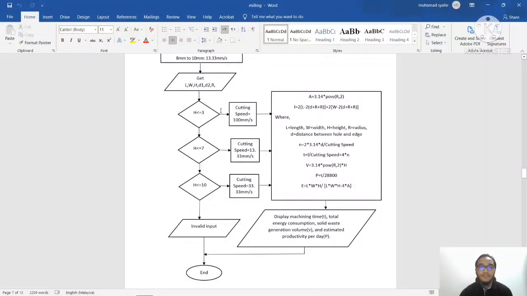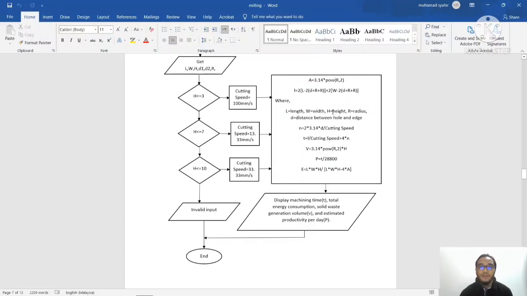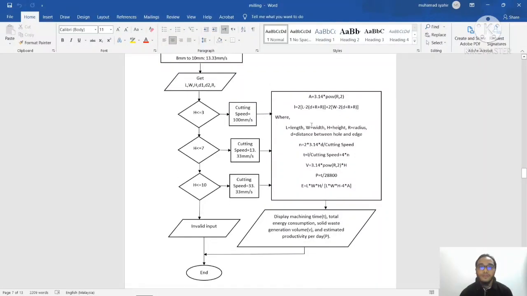This is for yes, this is for no, and this is the process where the input will be used.